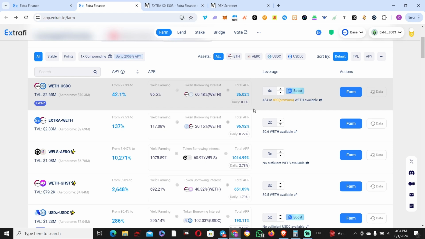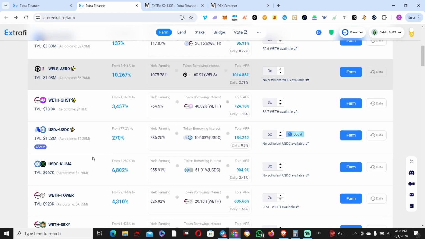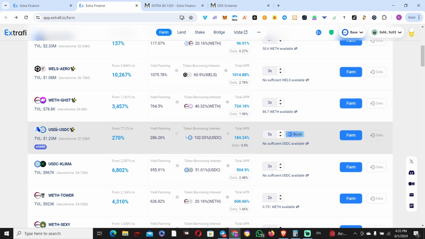So there are so many, and you need to know why these are pegged to the dollar. If you can understand the reason behind the peg, why it's most likely going to remain at its peg, and the nature of the platform behind it, then you can be more confident in opening a stable pair and taking advantage of these really cool APRs that you see, for example, for this stable USDZ, USDC. So what is USDZ? Do your research, all right?